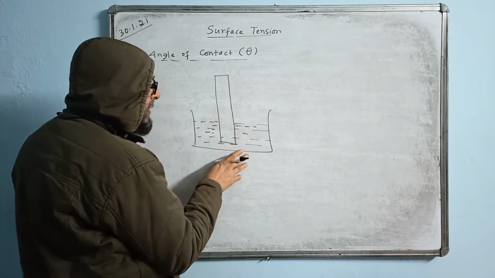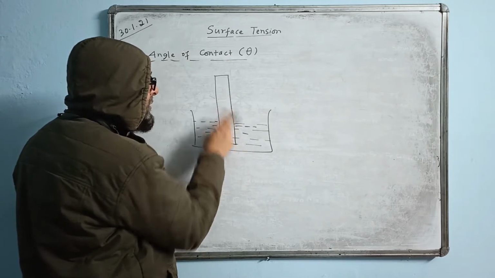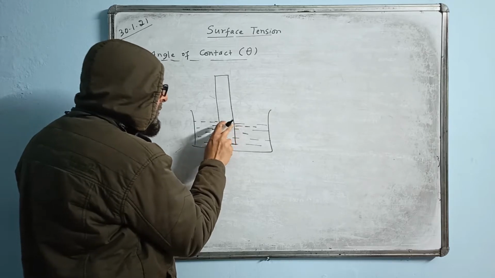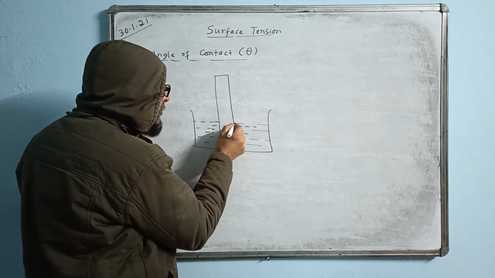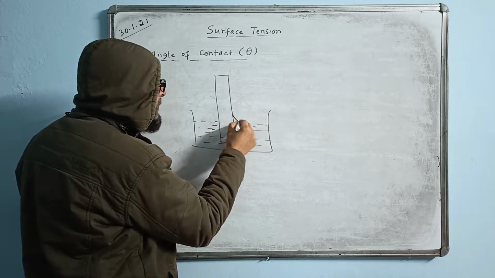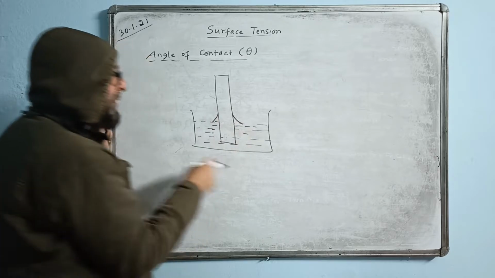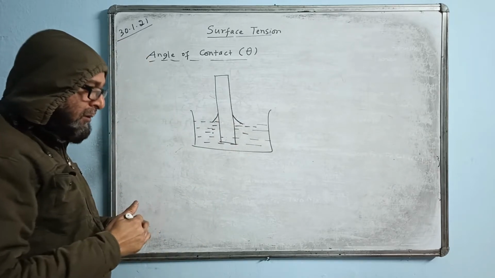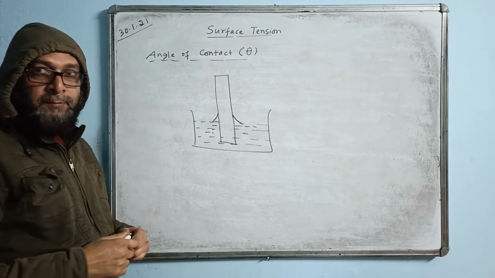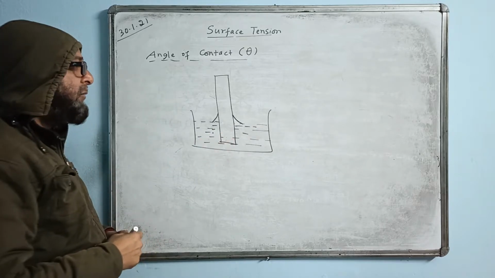So whenever a solid is immersed in a liquid, at the interface at the top level you will find either a concave shape formed like this, or a convex shape like this. Either of these shapes is formed at the contact point between the liquid and the solid.